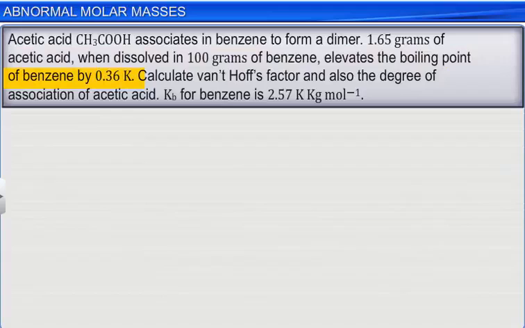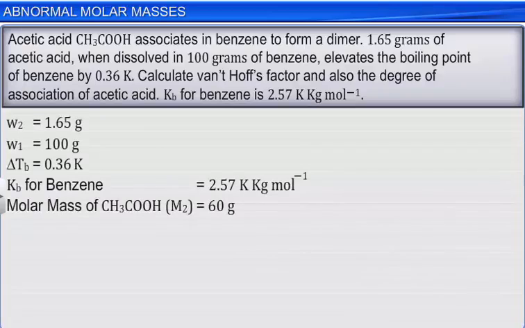Calculate Van 't Hoff's factor and also the degree of association of acetic acid. Kb for benzene is 2.57 Kelvin kilogram per mole. The first step is to list the given variables.